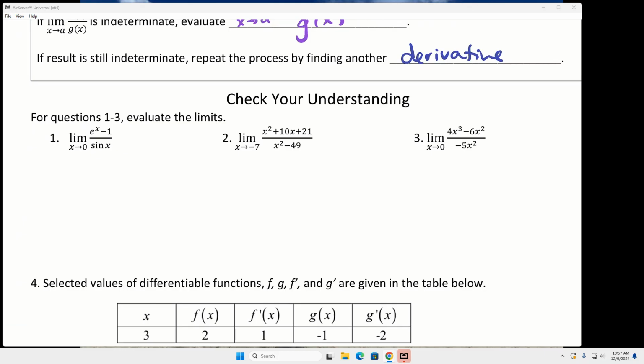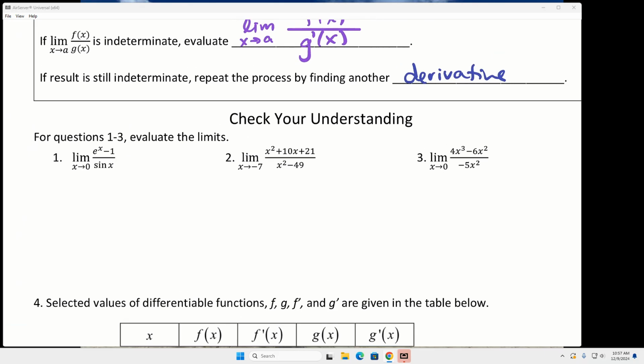It equals something totally different. So what you do is you just draw like a little arrow to show what you get in the numerator and what you get in the denominator. So when I plug 0 in, and I get e to the 0, what is that? And then subtract 1, 0. What about the sine of 0? So this is indeterminate form, which means we can do L'Hopital's rule.